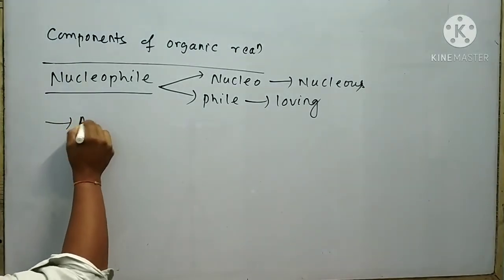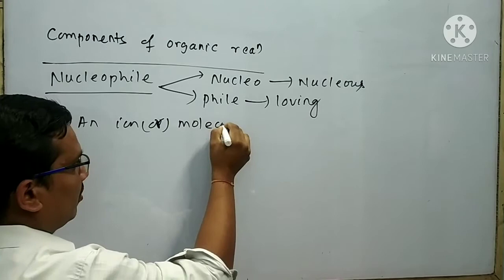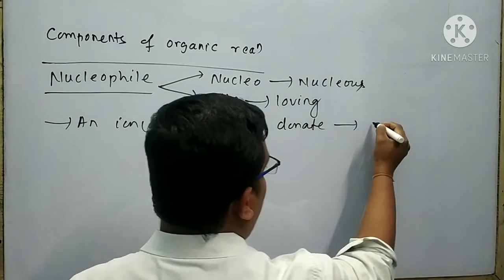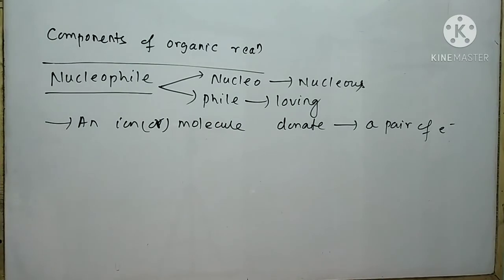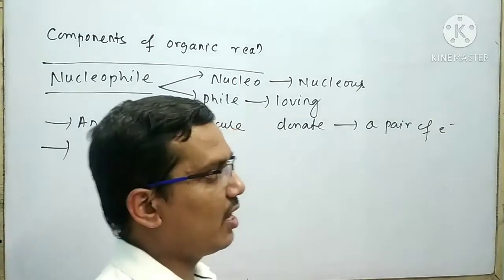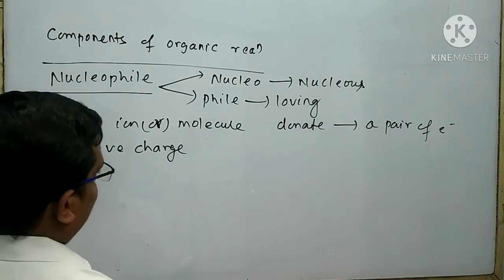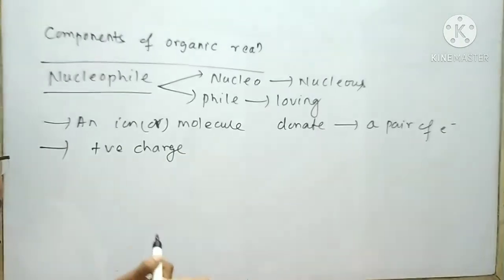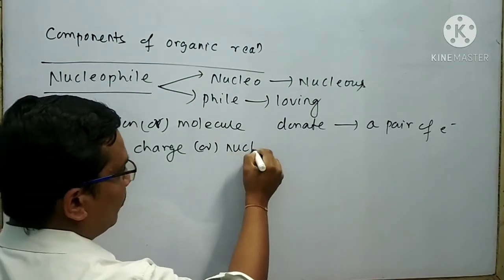An ion or molecule which can donate a pair of electrons is called a nucleophile. The nucleophile has high affinity towards positive charge. We know that the nucleus has positive charge, so here I can also write nucleophiles have higher affinity towards positive charge, or nucleus.